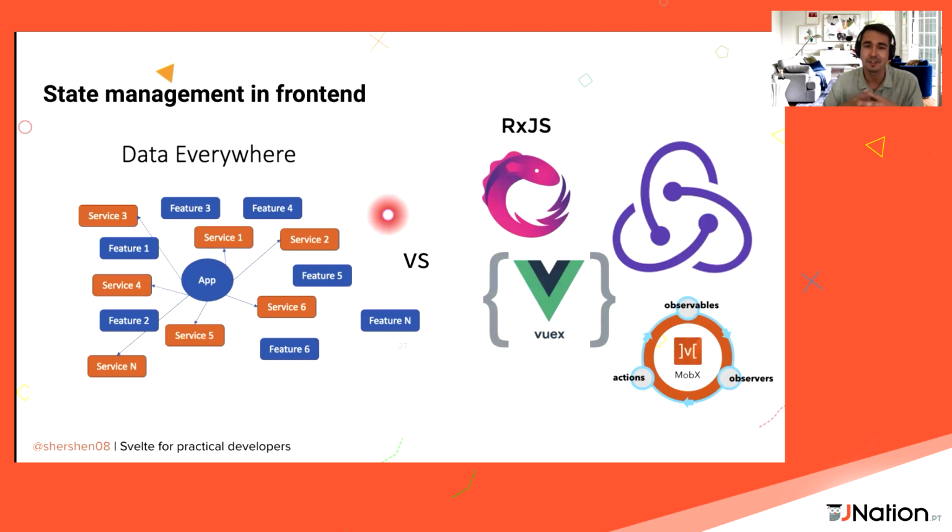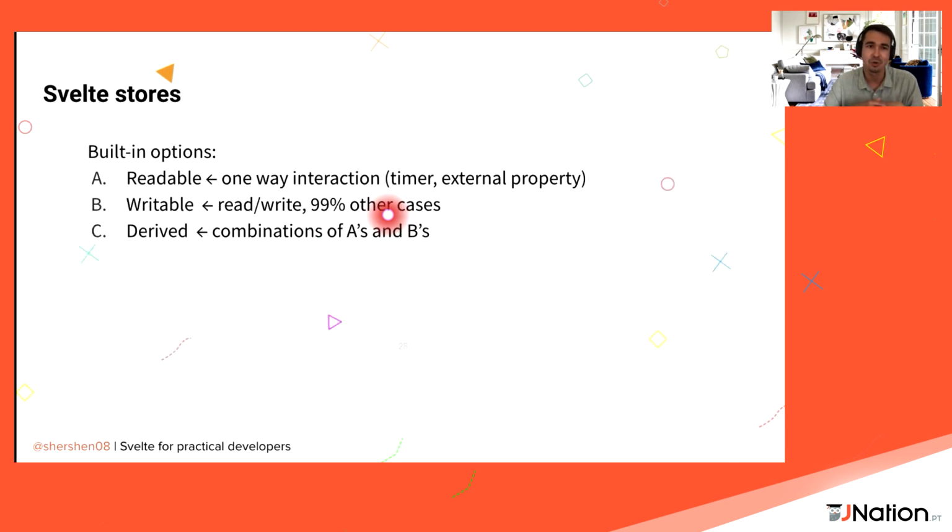So Svelte in this sense comes with the batteries included, and it has so-called stores. It's a very simple concept, and it is shipped together with Svelte by default. Again, since Svelte is a compiler, it will throw away unneeded library code if you are not using it. But if you already grew your component code base to several pages and you want to have some centralized store management, you can do it.